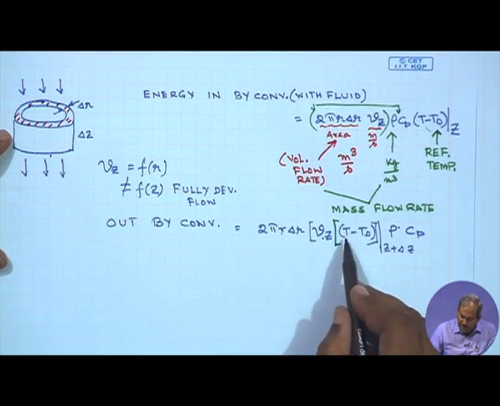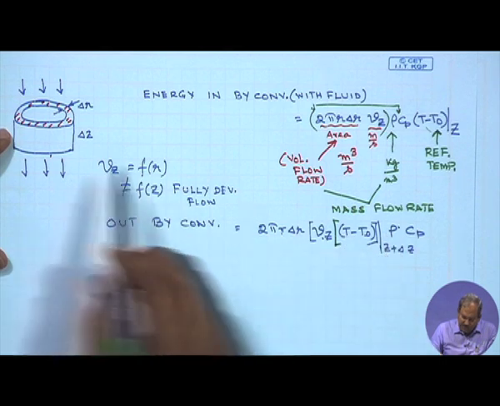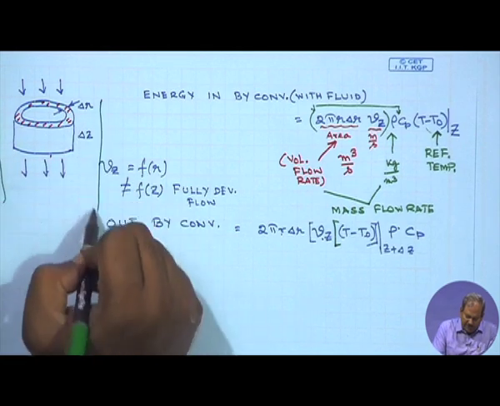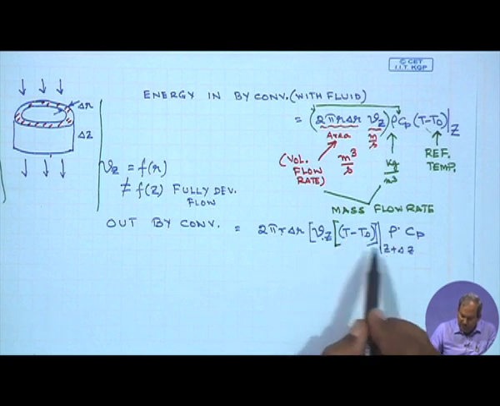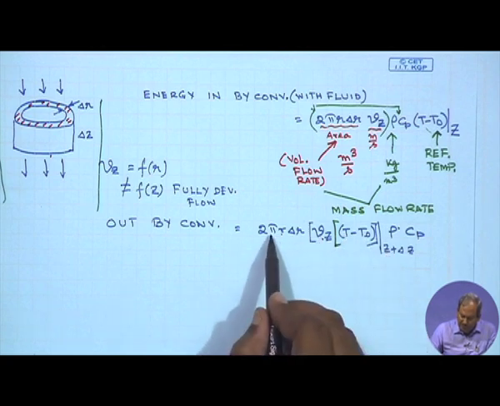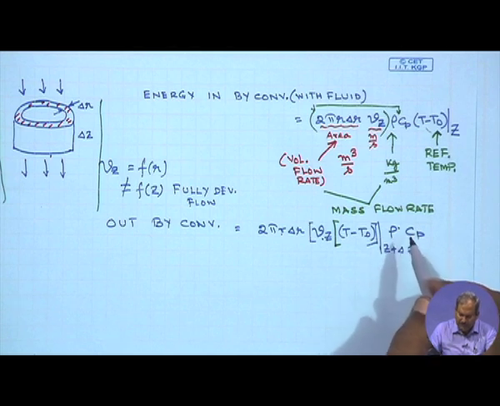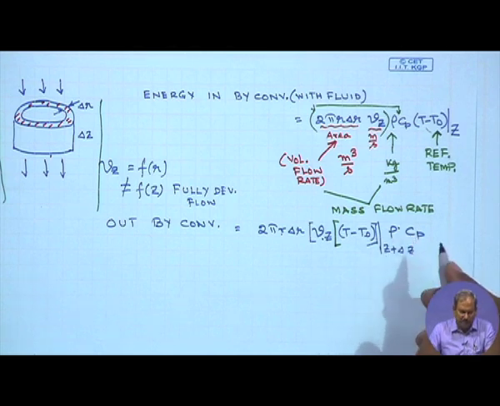T minus T naught, where the T is changing with Z, as we move in this direction the temperature will change. So T is a function of Z, but Vz is not a function of Z, so we can take the Vz out of this, and T naught is just a datum temperature.